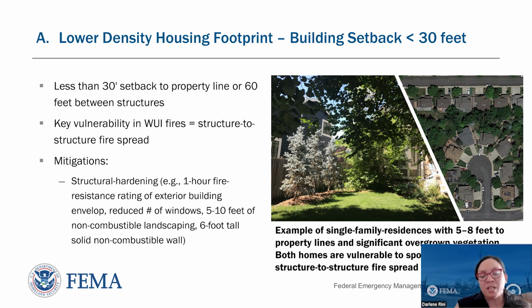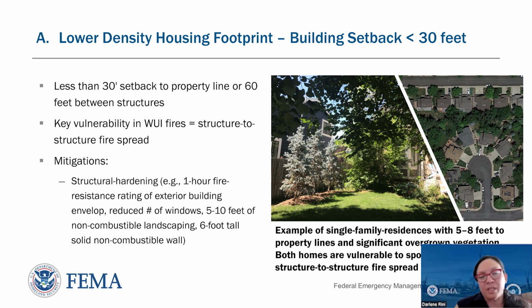And this is because if one structure were to ignite and is within 30 feet or 60 feet of another structure, then both structures or the adjacent structure is more vulnerable to structure-to-structure fire spread. And so what we saw in the Marshall Fire and what we've seen as well in Maui fires and other recent wildfires, that structure-to-structure fire spread is one of the main vulnerabilities once a wildfire enters into a more suburban and urban environment.